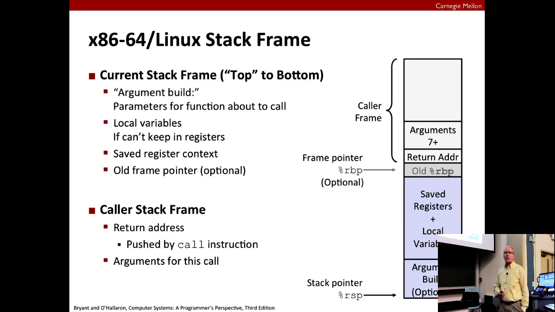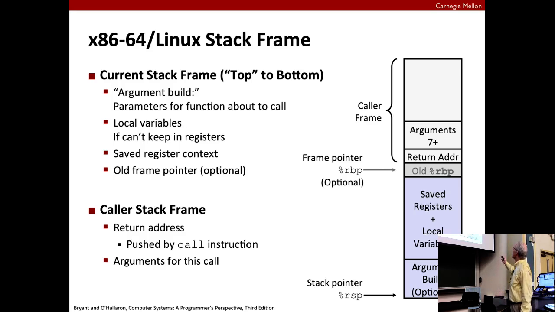And so in general, what the stack frame will look like in one of these machines will be something like this. You'll see this is the caller, and then this is the stack frame of the function that got called.